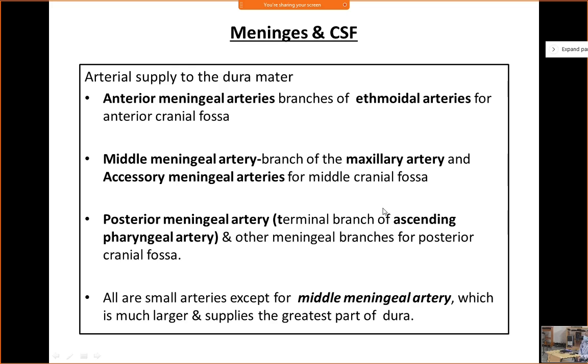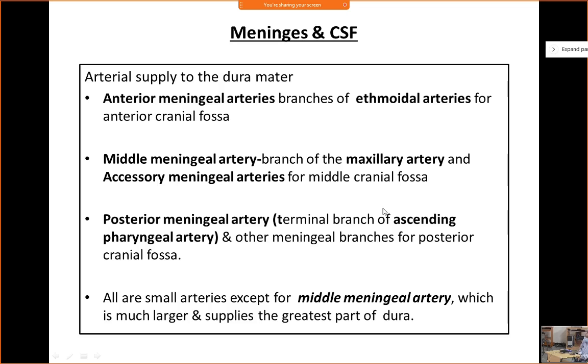Then come to the middle meningeal artery, a branch of the maxillary artery, which is larger in size actually, and the accessory meningeal artery. These two arteries, the middle meningeal artery, a branch of the maxillary, along with the accessory meningeal artery, supply the dura mater present in the middle cranial fossa. Okay, the anterior meningeal artery, a branch of the ethmoidal artery, supplies the dura mater of the anterior cranial fossa.